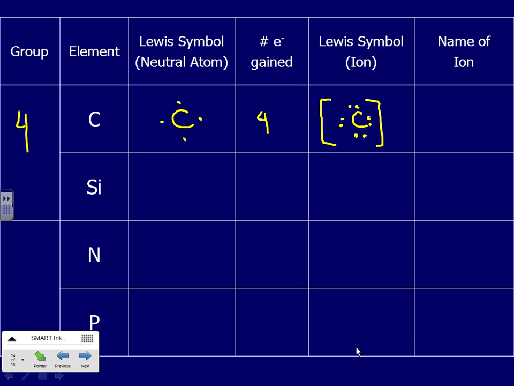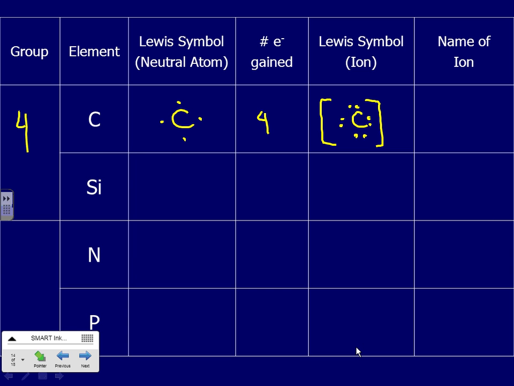And now that it's gained 4 electrons, what's that? Yeah, the dots go on the inside of the square brackets. The square brackets are not part of the Lewis diagram, but what they are doing is saying this whole thing that we've encapsulated inside, this picture, is the ion that we're talking about. And what it's encapsulating is the charge.